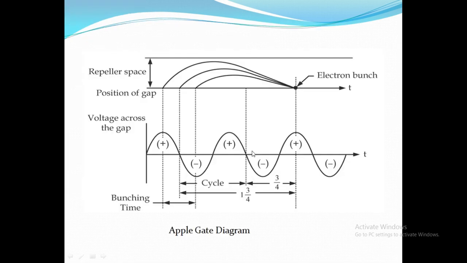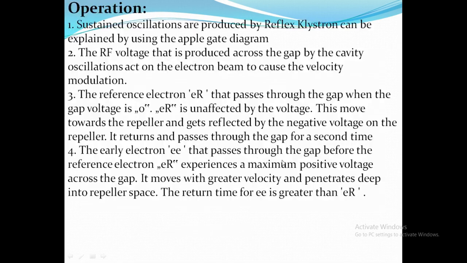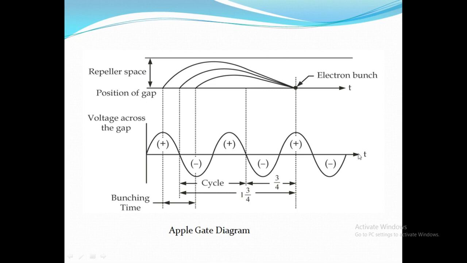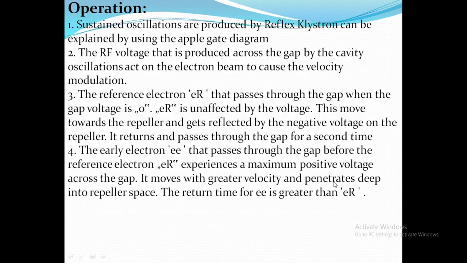Coming to the operation, these sustained oscillations are explained using the Applegate diagram. Here we consider three electrons: the reference electron, the early electron, and the late electron.